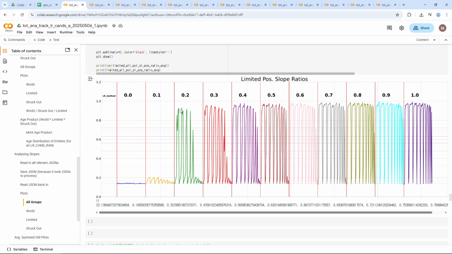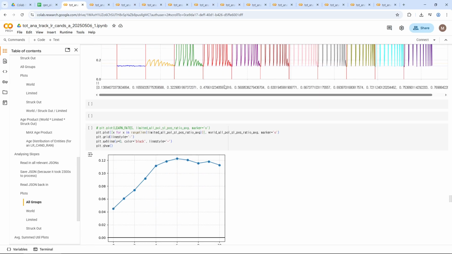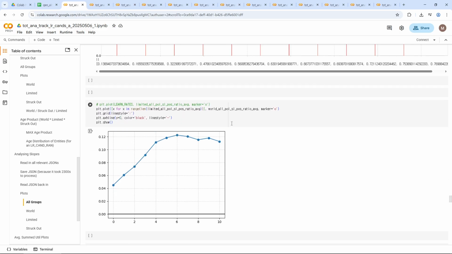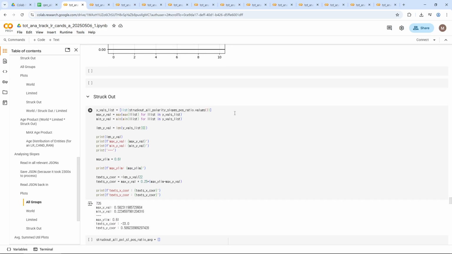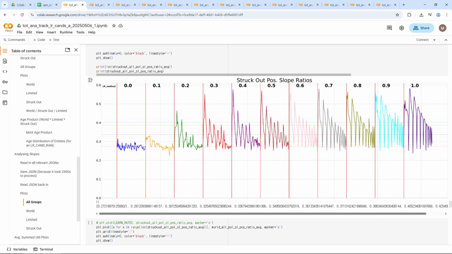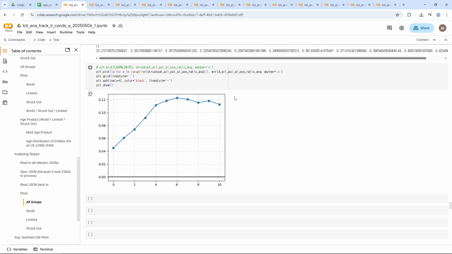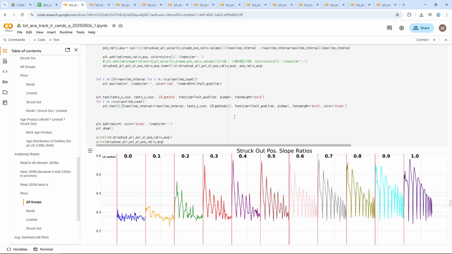You'll see that it goes almost up to 1. And then this is the average per color or per learn rate for the struck out entities. This is what it looks like, and this is the average.